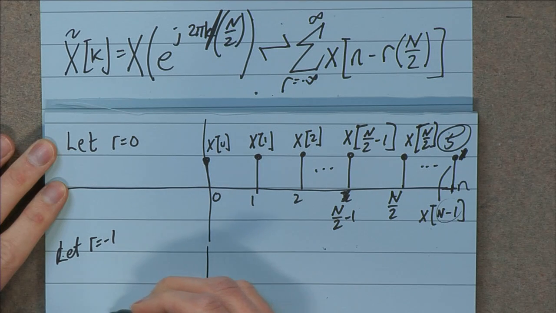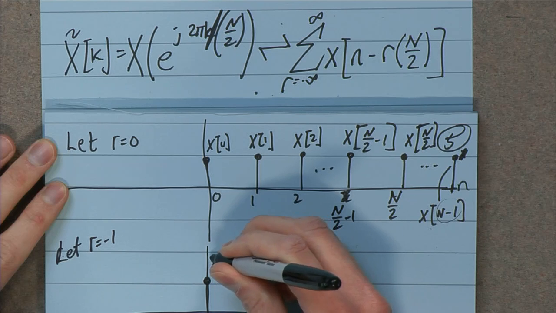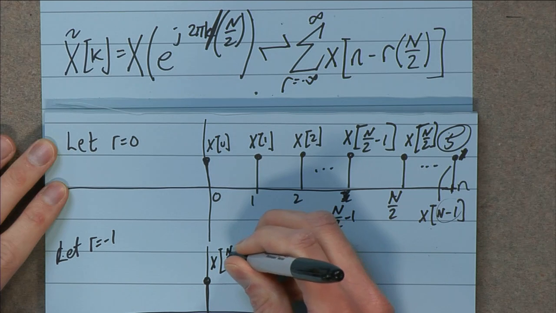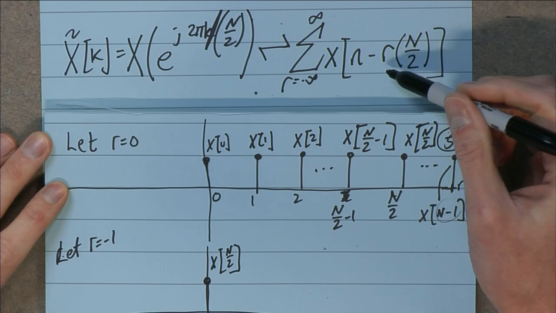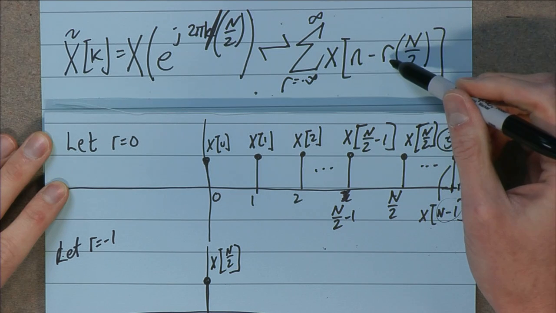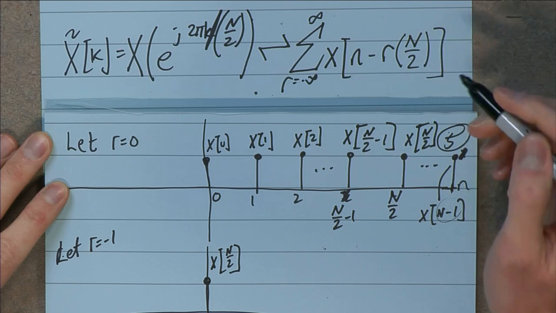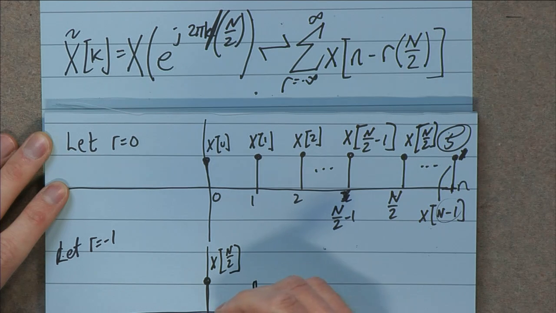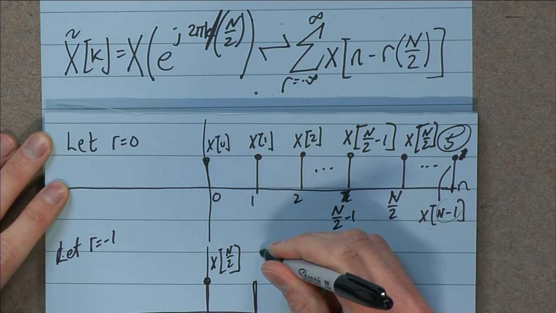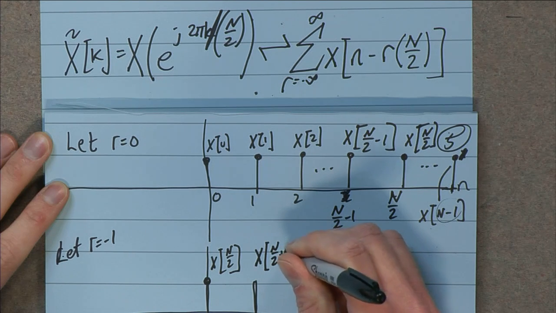So that's the way to start first. That's n over 2 now. Because just the brute arithmetic of n minus a negative minus a minus times n over 2. So that's x of n plus n over 2. So that's at 0, this is at 1. That's going to be n over 2 plus 1.